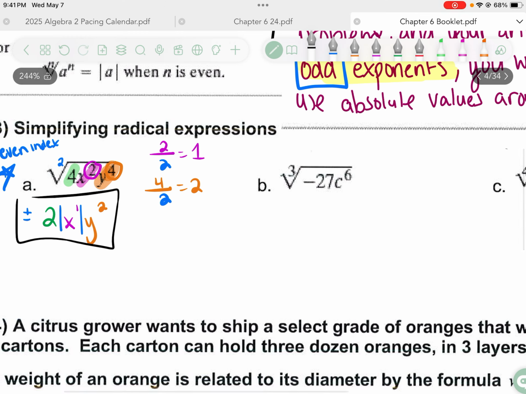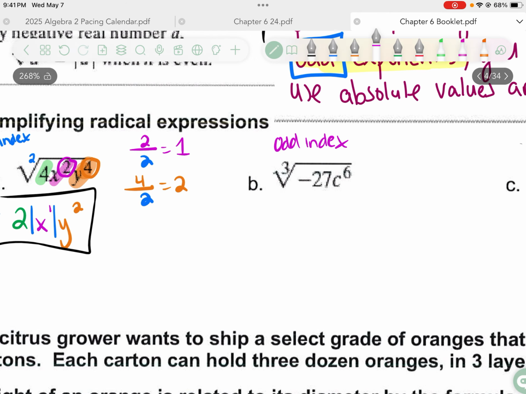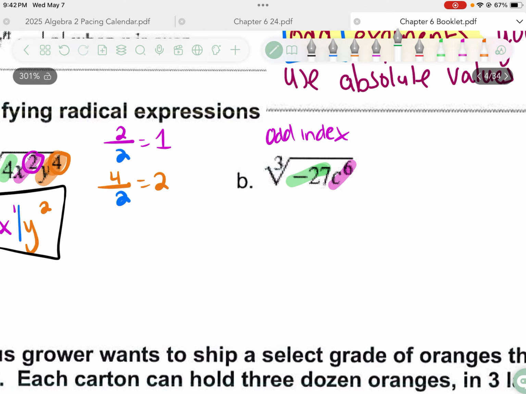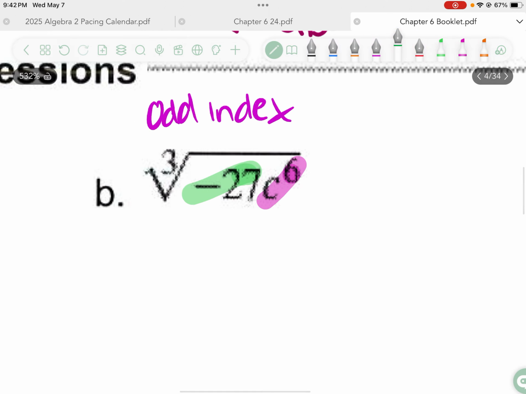All right, next one, I look at this one, I notice it's an odd index, so I'm kind of happy because that's less work I have to do at the end. So again, look at this as a 2-part problem. Simplify negative 27, simplify c to the 6th. Now it's the cube root though, so just be careful when you type that in your calculator for negative 27.